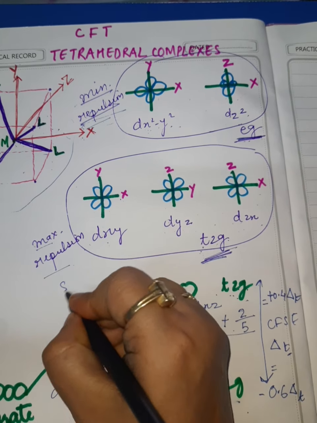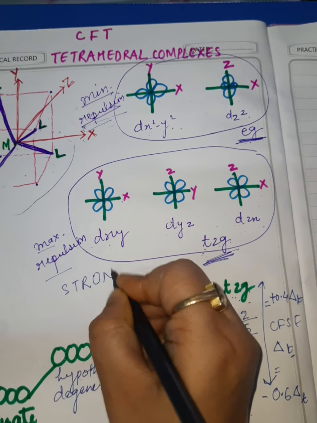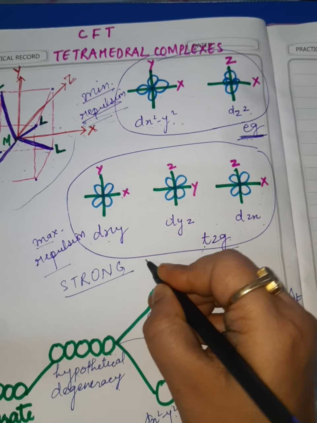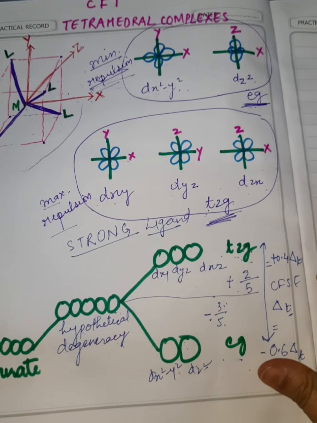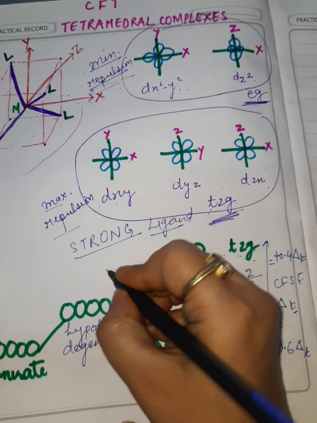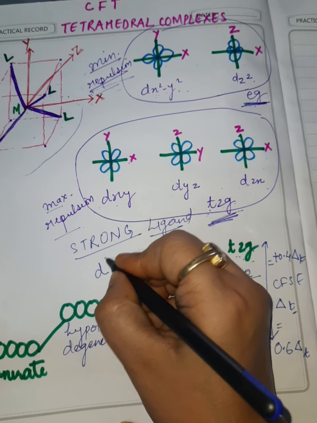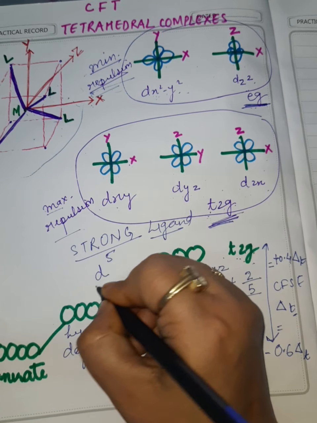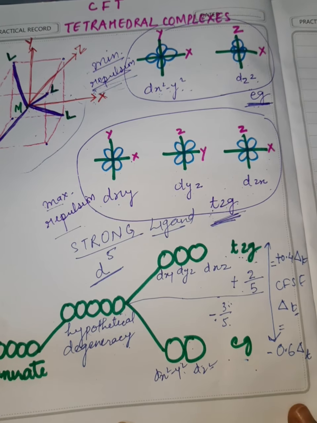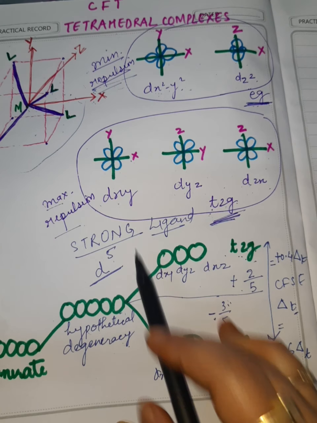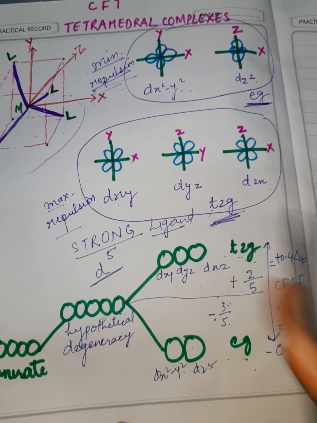Suppose we have a complex with a strong ligand. This d has the D5 configuration. Metal with the D5 configuration. So we are supposed to fill 5 electrons. And the ligand is a strong ligand, which means pairing will take place.